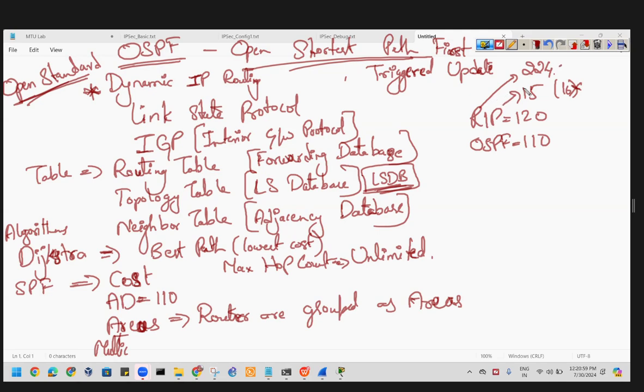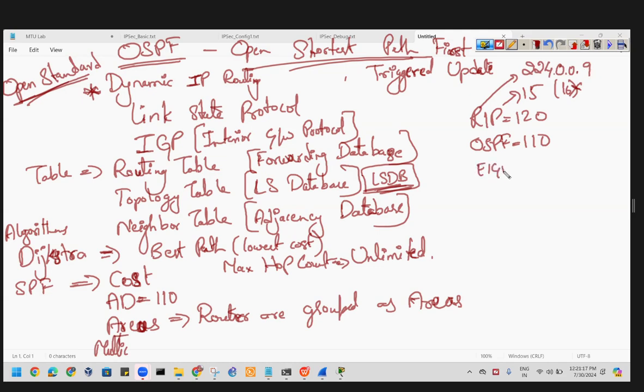RIP protocol. We saw the debugs, right? 224.0.0.9 is for RIP. Okay.